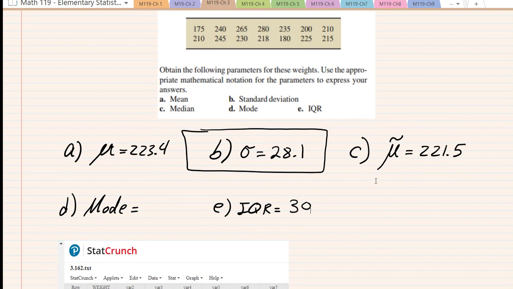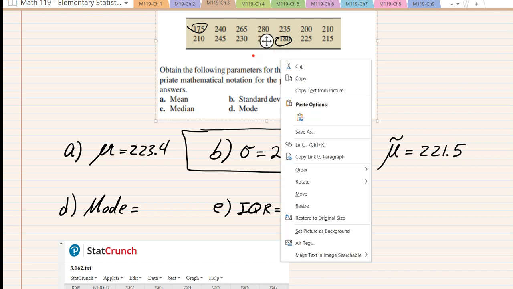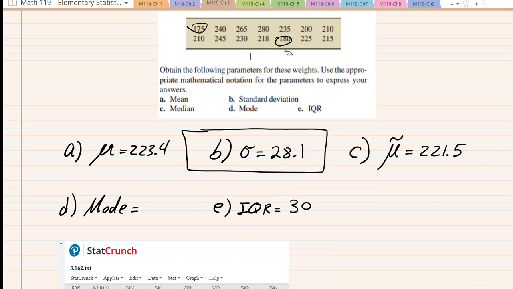Let me find the mode first. Mode is most frequent. I have 175 and then 180. Those are the low weights. Wow, everybody else is above 200 pounds. So I don't see any weight that repeats except 210.